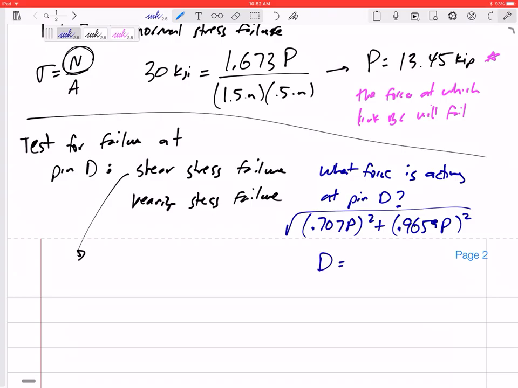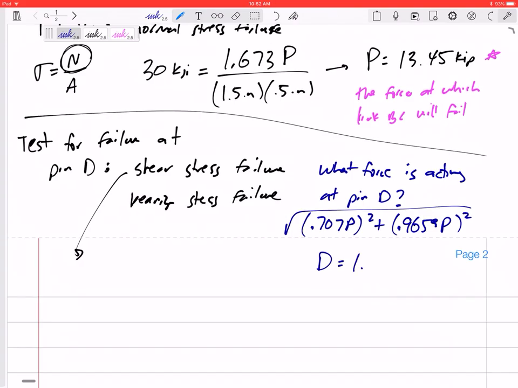And I've got a force at D. I still have that P. I can do something P squared plus something P squared, take the square root. I've got 1.197 P. That is the force at pin D. Anytime you have a pin and you've got a Dx and a Dy, square those, take the square root to get the magnitude at pin D.